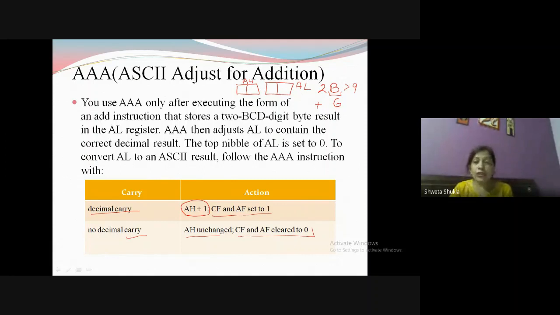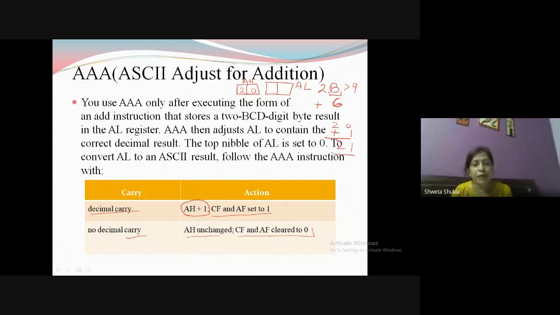You will add 6 in this, and if the values are less than 9, you don't have to do anything. AH will remain unchanged. So you add 6 here, and what do you do in AH? Suppose the value of AH is 20. In case of 20, you add 1 here, so that it will be 21.